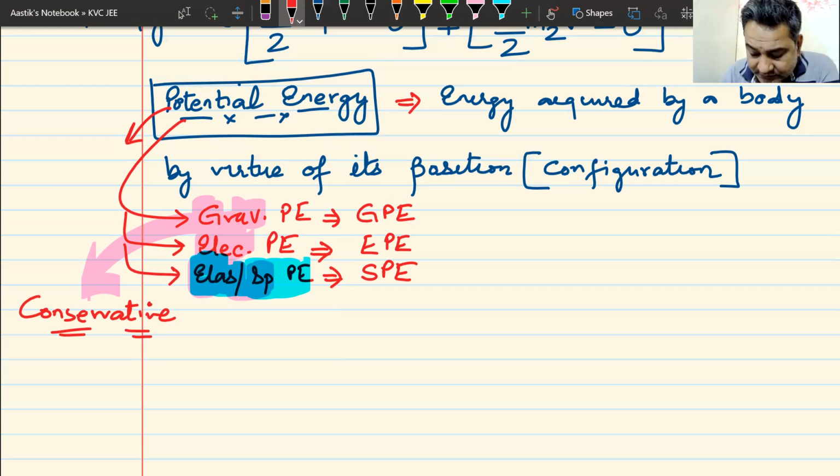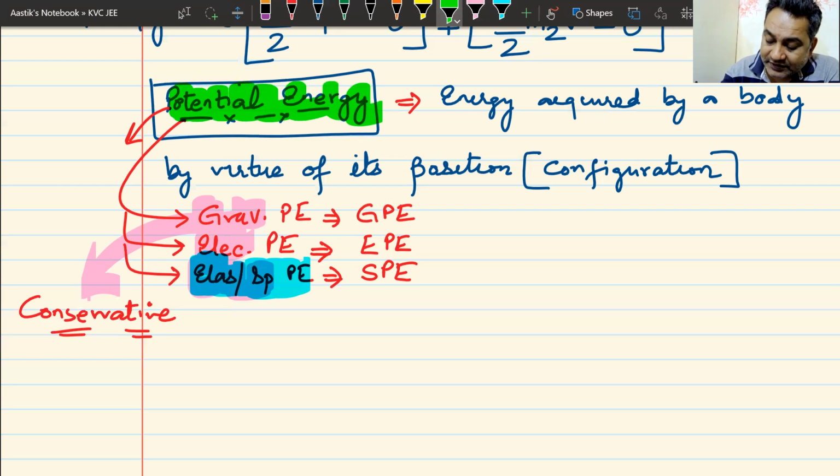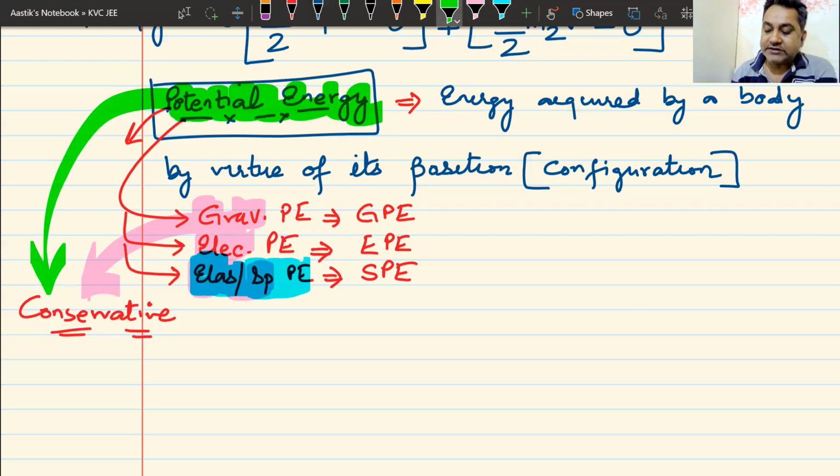Now, looking at these conservative forces and this concept of potential energy, it is very clear that potential energy is associated only with conservative forces. That is the next thing that you must remember. Potential energy is the energy acquired by a body by virtue of its position, where it is placed. It is also only associated with conservative force.